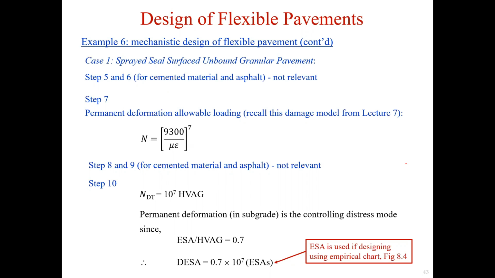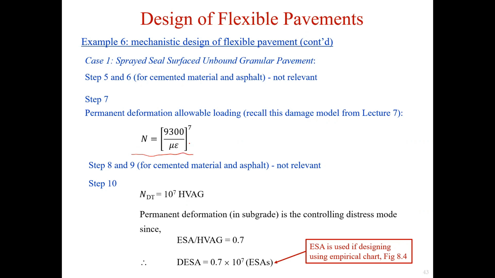Steps 5 and 6 are for cemented materials and asphalt. We don't need to calculate them as they are not relevant to this case. Step 7 is to use the subgrade strain criterion to calculate the permanent deformation allowable loading using this formula, as shown here.